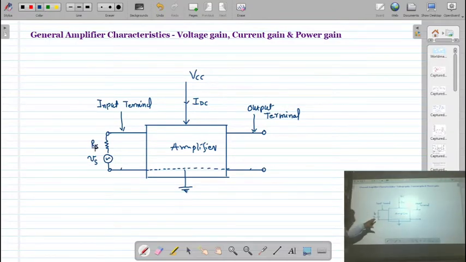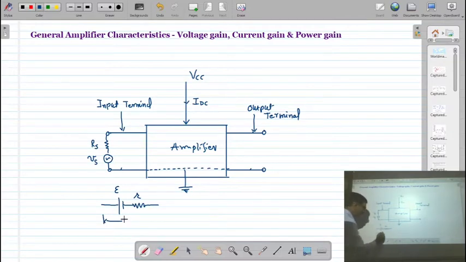I think you already learned in 12th standard that if you have a battery, then the battery is a source, and the battery has an internal resistance, which we represent in series with this battery. So the battery voltage or EMF is E, but due to this internal resistance, whatever voltage we measure across the terminals of the battery is called the voltage V. So here the source has a resistance R.